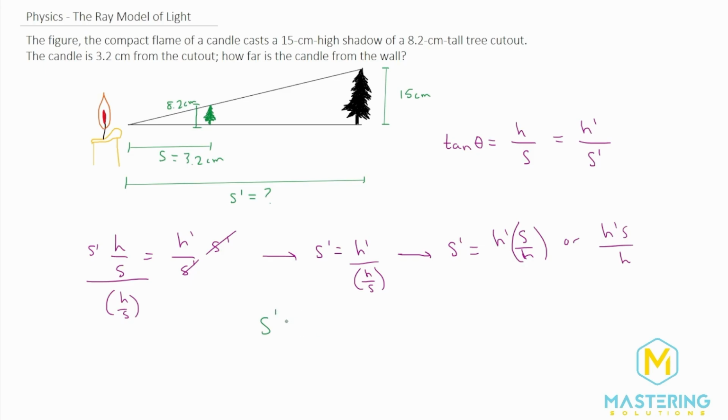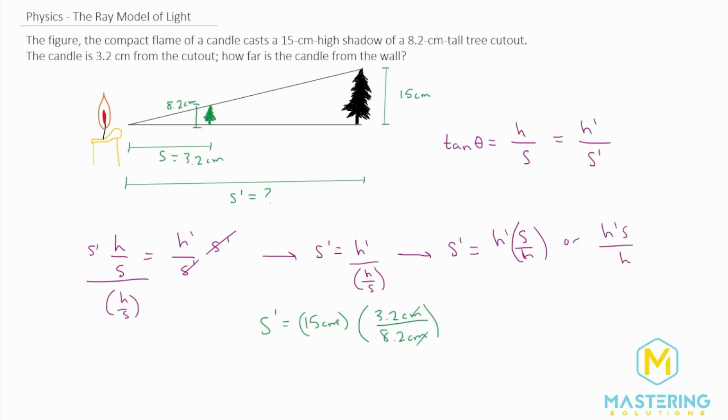So the image distance is going to be equal to h prime, which is 15 centimeters, multiplied by the object distance, which is 3.2 centimeters, over the object height, which is 8.2 centimeters.